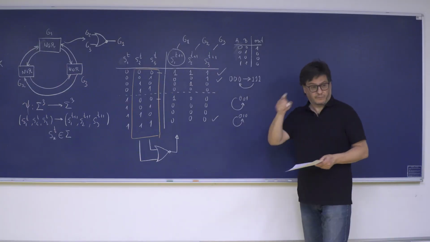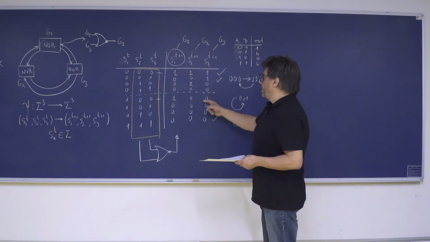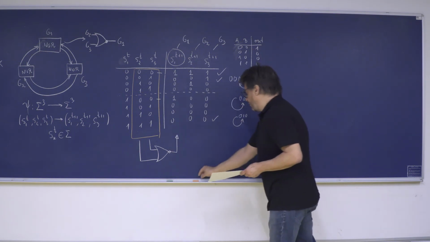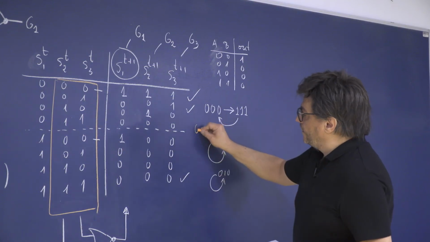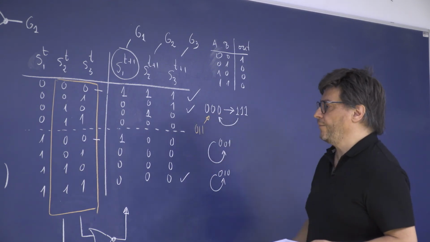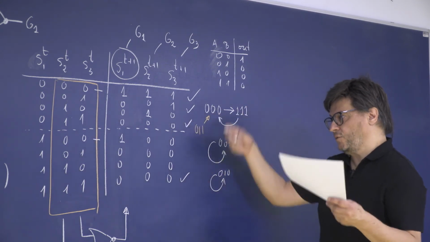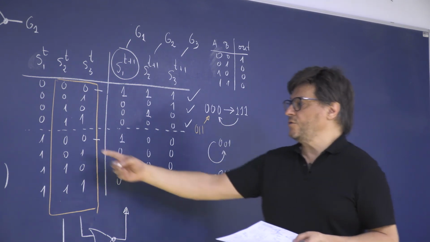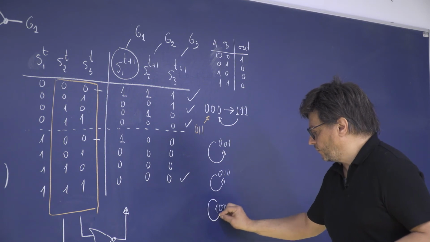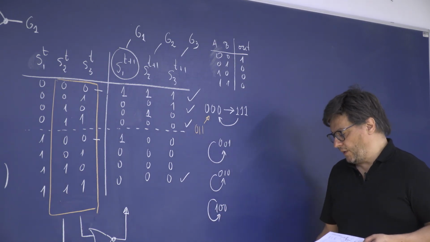So if you are there, you go there again. 0, 1, 1 goes to 0, 0, 0. And let me write down this here. 0, 1, 1 goes here. Okay? I'm marking because I have to complete everything. 1, 0, 0 also goes into 1, 0, 0. Right? So these are very simple attractor states.